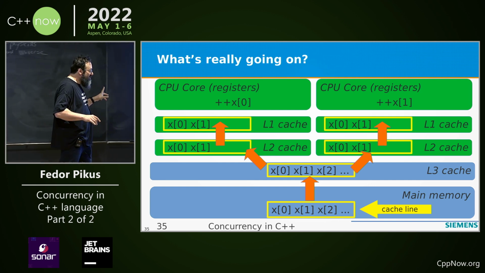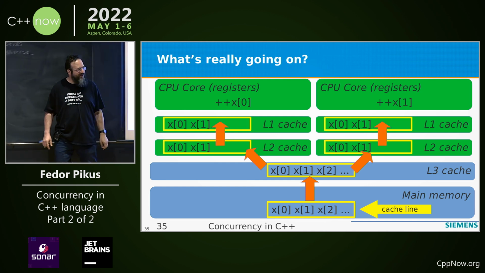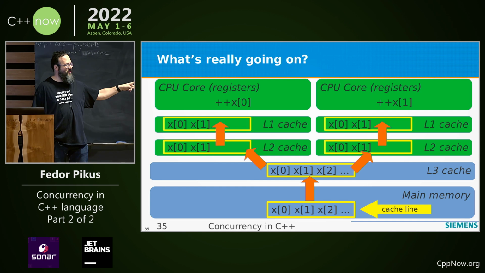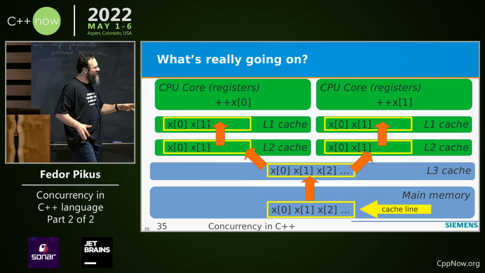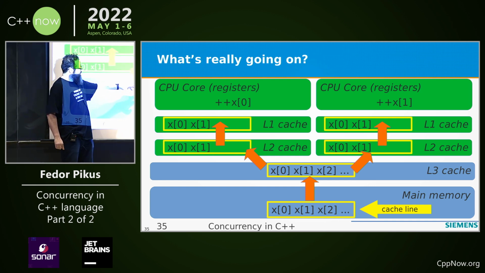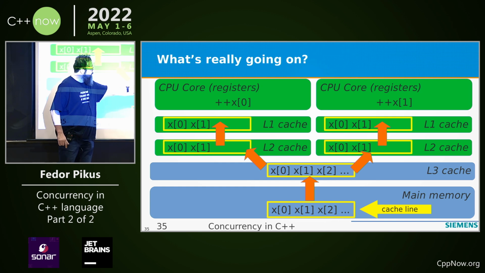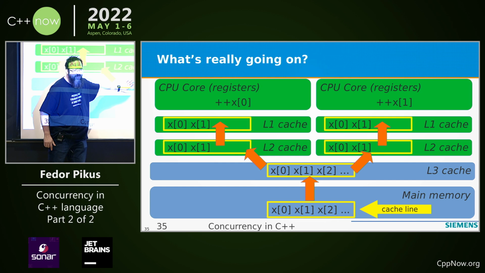Now, one interesting thing is you actually don't have to be atomic for this. If you weren't writing atomically, this would still happen to you. That's just at the hardware level. There is no other way to write x sub 0 except take this entire line, move it into cache, update x sub 0, and move it back.